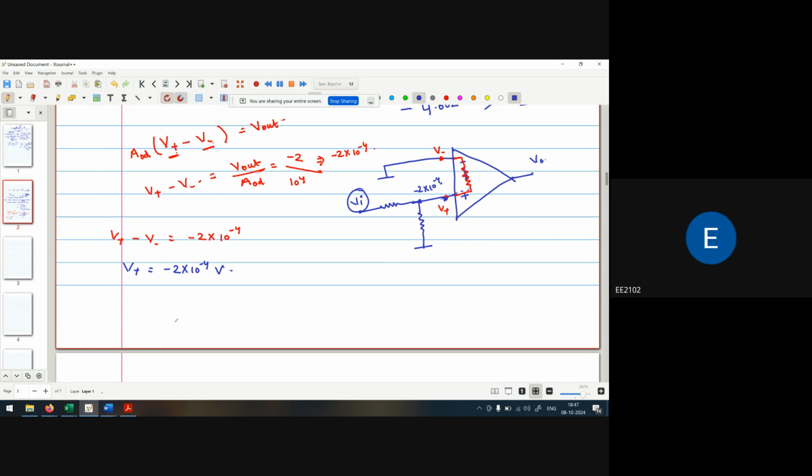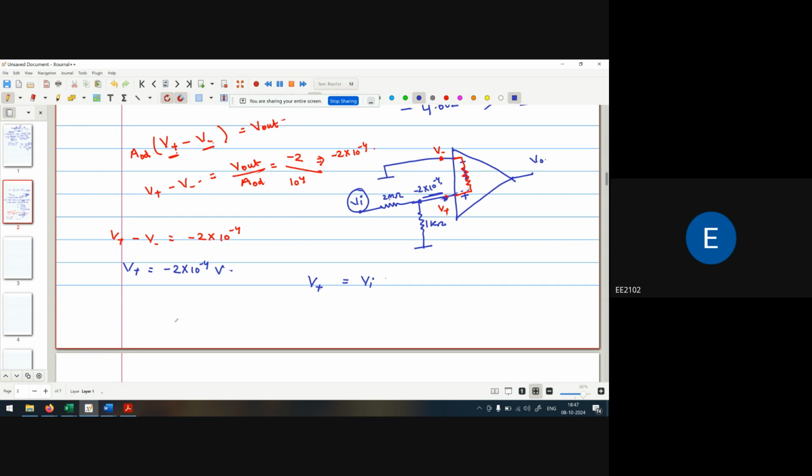Now this voltage is across the 1 kilo ohm resistor and this is the 2 mega ohm resistor. So apply the voltage divider biasing. V plus voltage is equal to this Vi distributed in two parts, one across this resistance and one across this resistance. Now V plus is across this resistance.